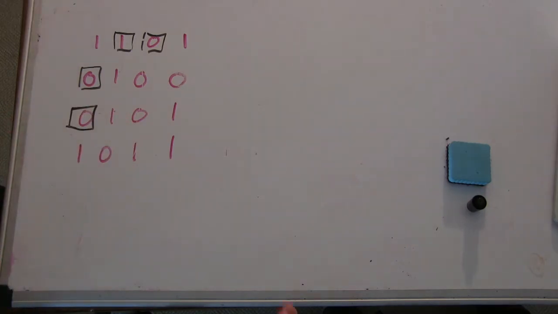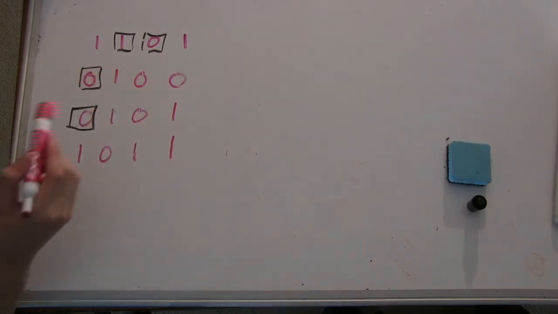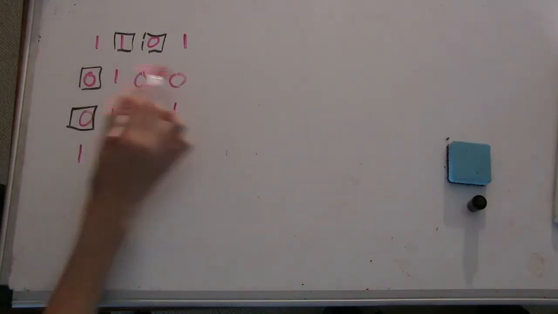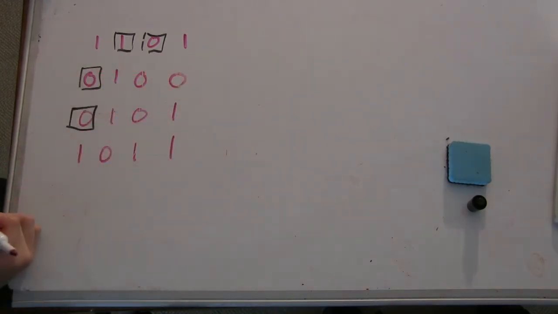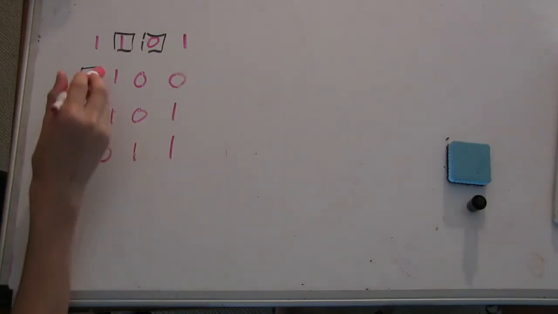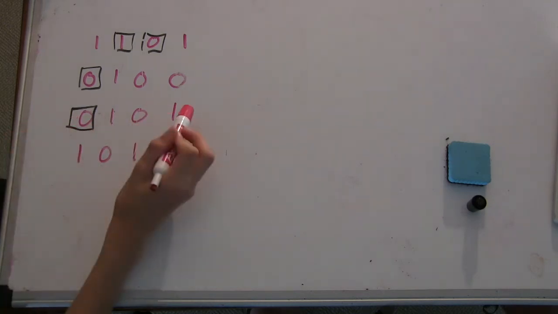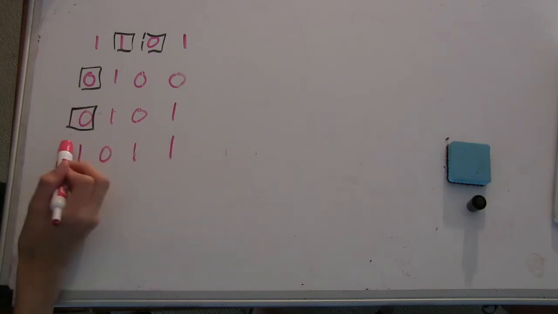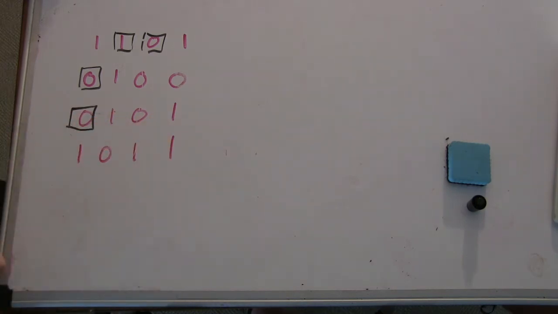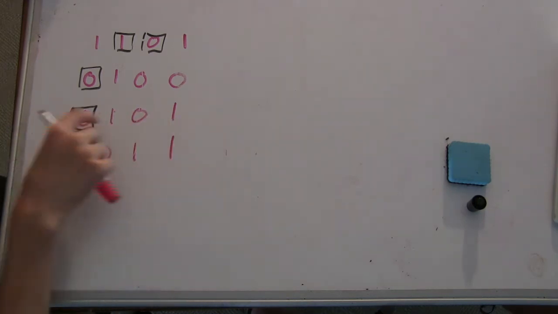What about this 0 here? What did that one check? This checks this column and this column, or row and row. Yep. And there's 4 ones, so it's even. And I thought this one checked these rows here, but there's 5 ones.